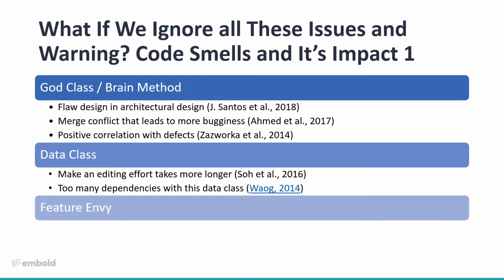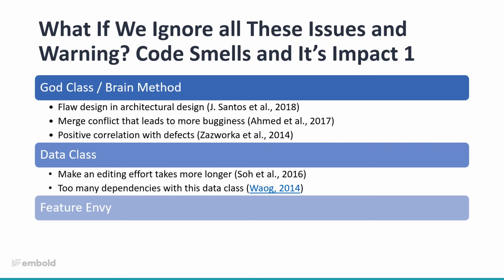And then the next code smell is called feature envy. Feature envy is a class that has many dependencies on other classes. It means that the methods inside this feature envy class are really interested in other classes.